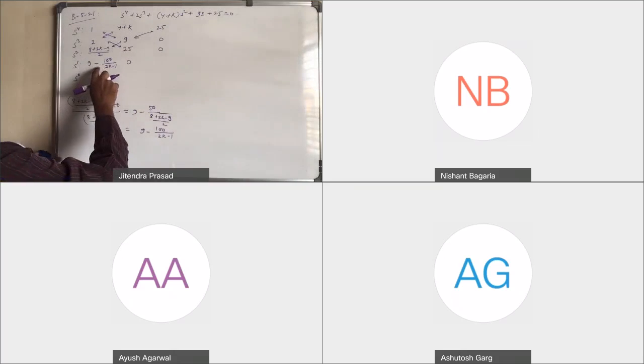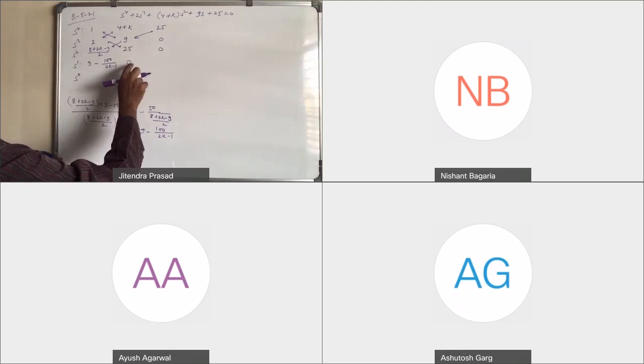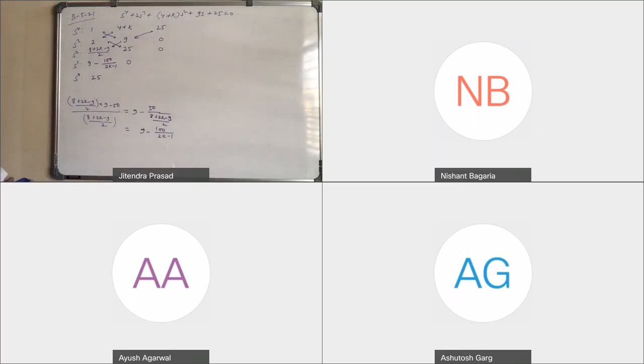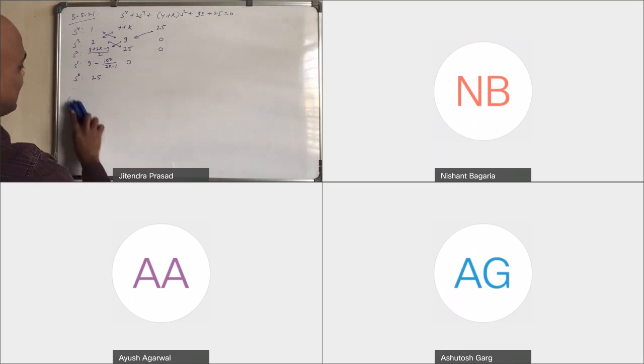Here again, we multiply by this and this minus this and this divided by this itself. So we get 25. Okay. So this is what we get. Okay. So now we have to find out the range. We know that they have to be positive.